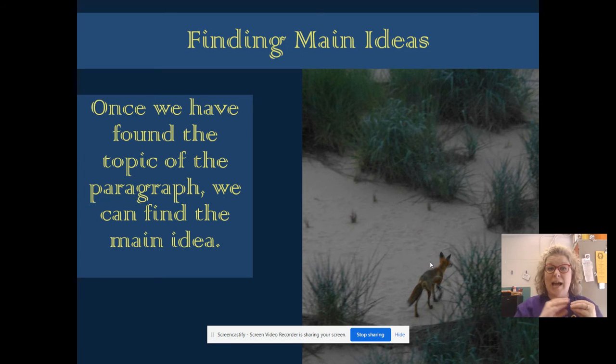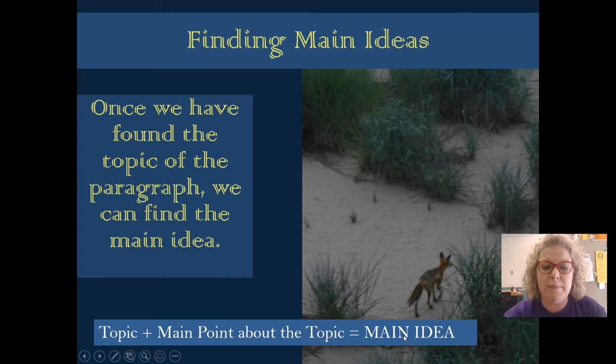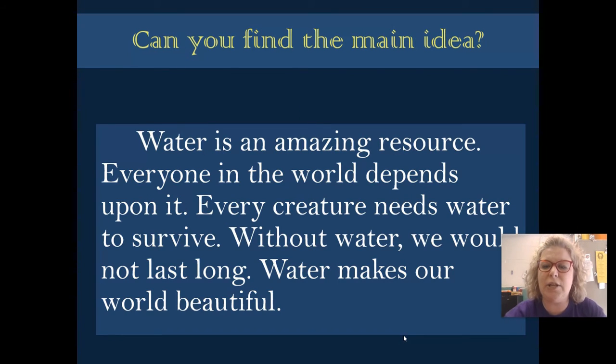The main idea is an actual sentence. What is the main idea, the main message of a particular text? Okay, so let's look at the bottom. Topic plus main point about the topic is the main idea. So the thing that's repeated over and over again helps lead you to the main idea. Okay, let's take a look at this.